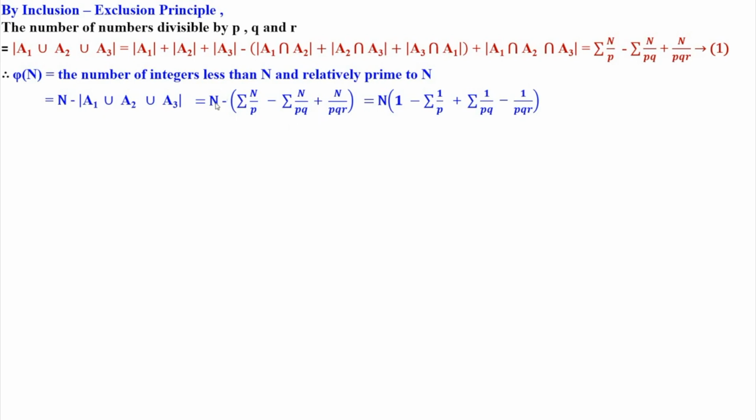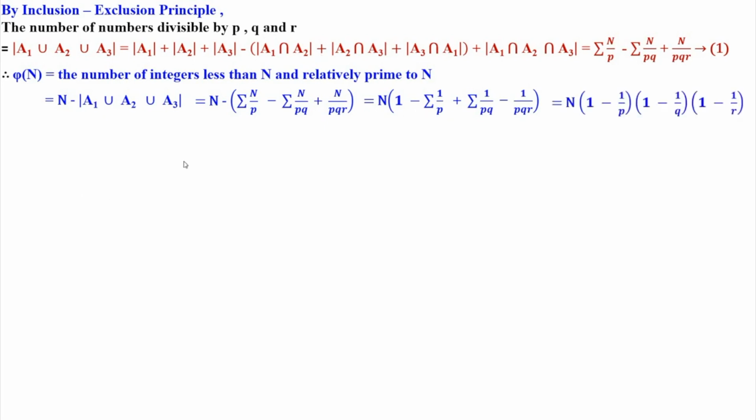And in all these n is common, so that is taken out. So it is 1 minus summation 1 by p plus summation 1 by pq minus 1 by pqr. Here we don't have summation because we are considering only 3 terms.